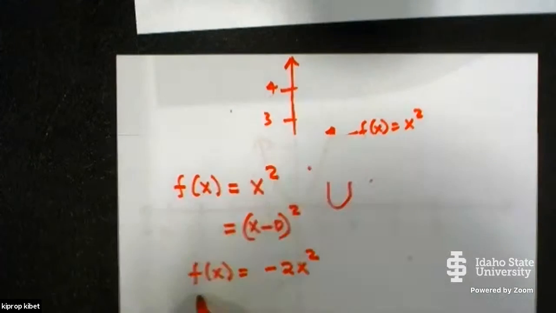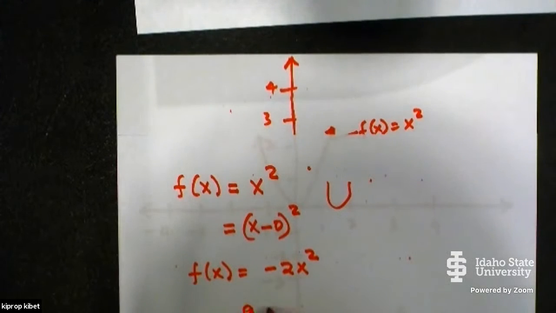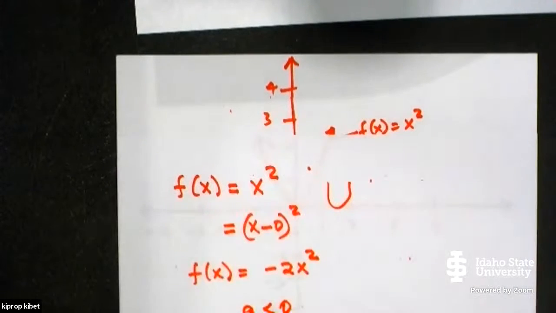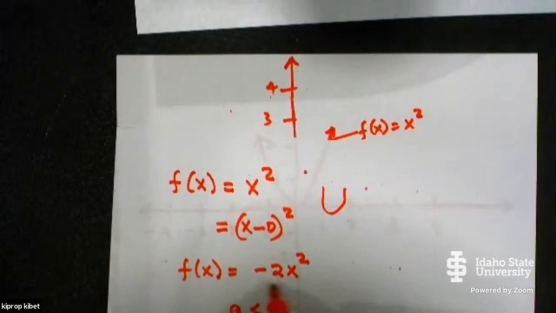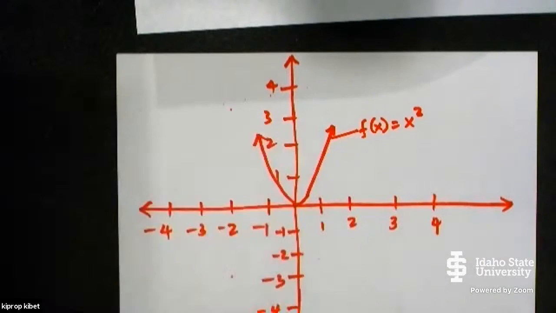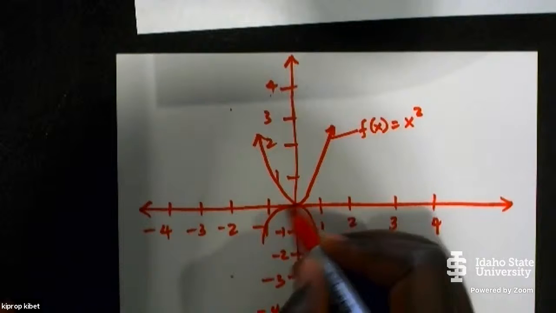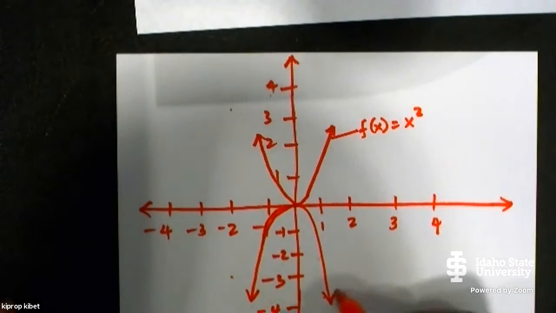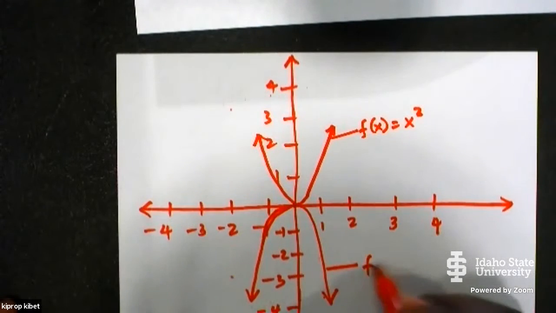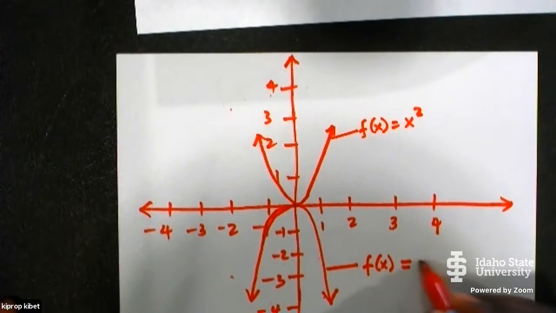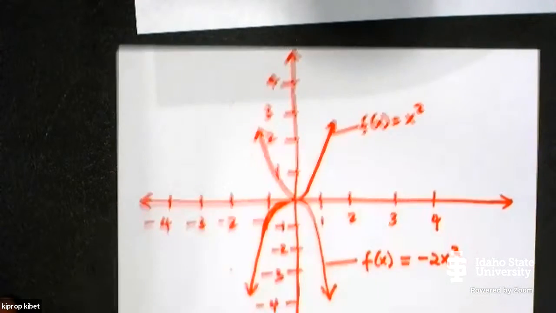In this case, our a is less than 0, so our graph will face down. Our vertex is also at 0, 0, so our graph will look like this. So this is our f of x equals minus 2x squared.